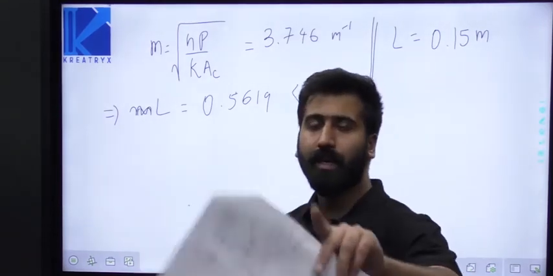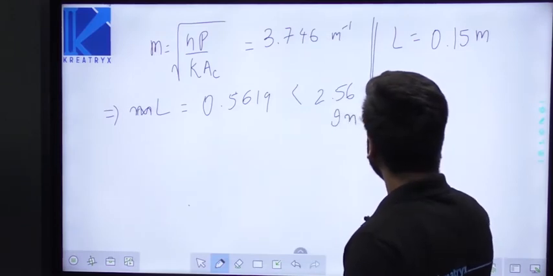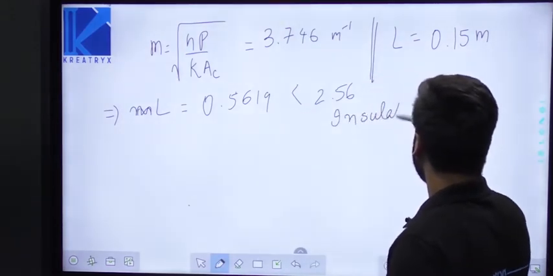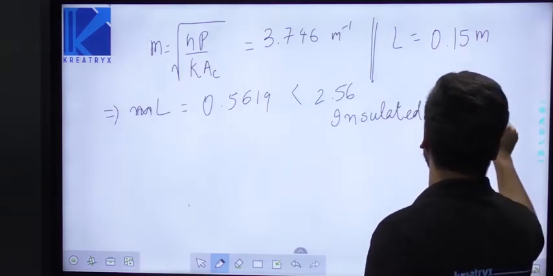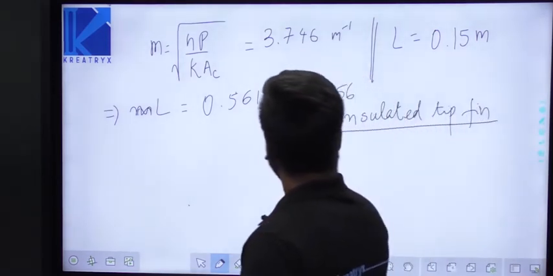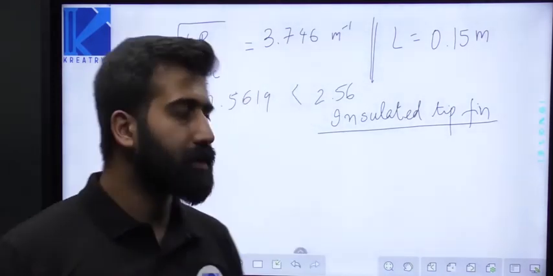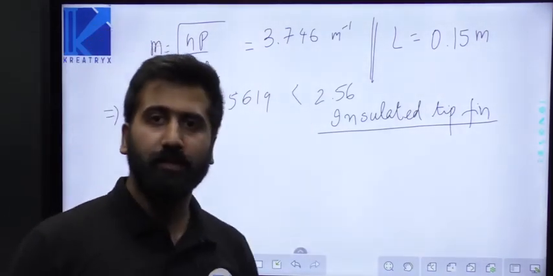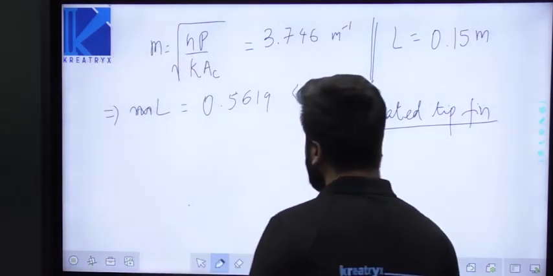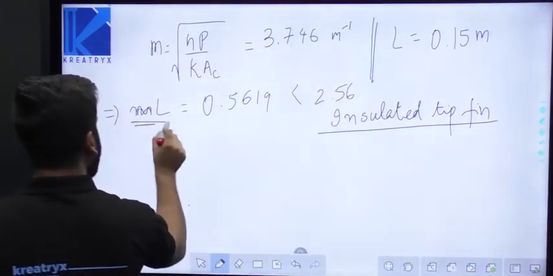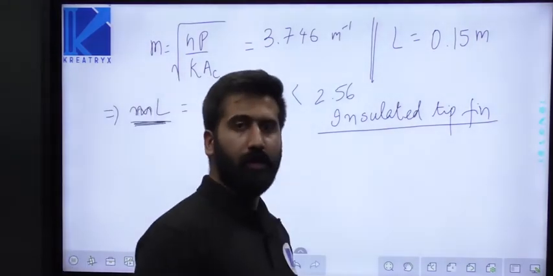That means it is a case of insulated tip fin. If it was greater than or equal to 2.56, then it would have been a case of infinitely long fin. But since this ml value is less than 2.56, it is a case of insulated tip fin. Now what?